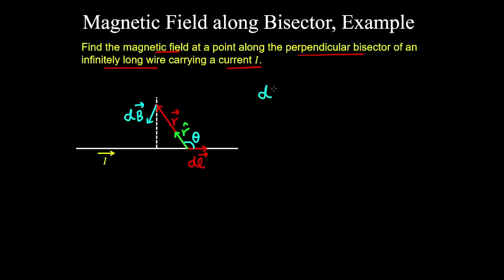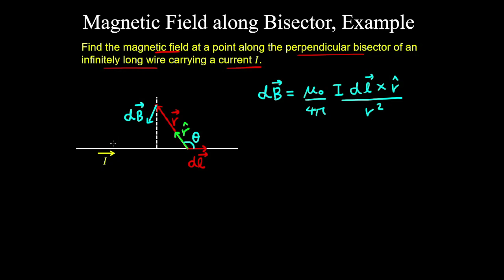So recall the Biot-Savart law, which gives dB is the magnetic permeability on 4 pi by the current by dl cross r hat on r squared.